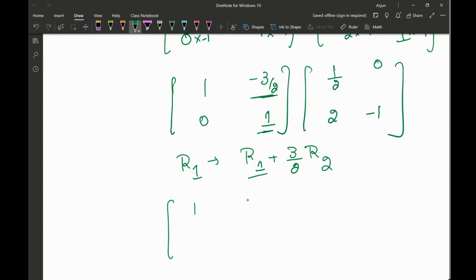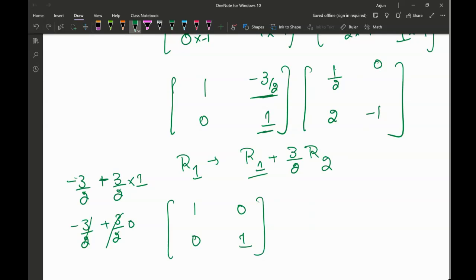So 1, this will be 0, this will be 1, this is going to become 0, because I'll show you here, minus 3 over 2 plus 3 over 2 times 1. This is minus 3 over 2 and plus 3 over 2, which is going to become 0.